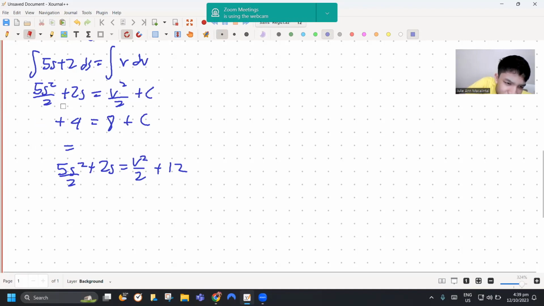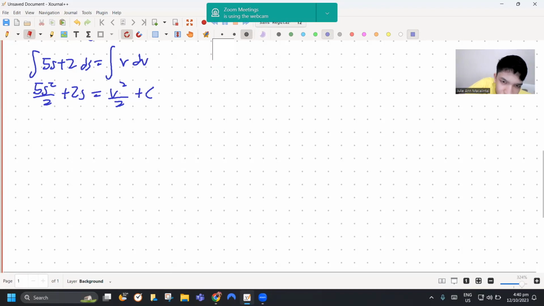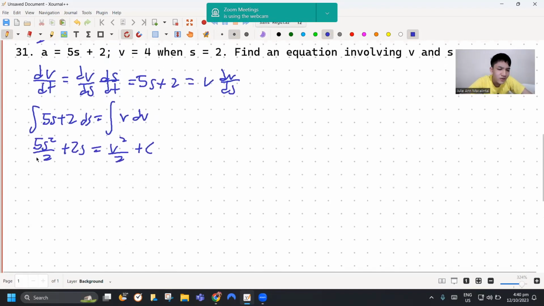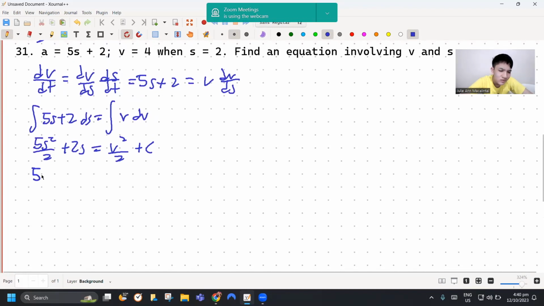Ang problem ay yung definition ng constant na ginagamit mo sa first equation, sa previous equation nagbago, which means kung ano yung constant na hanap mo, hindi na nag-a-apply dun sa previous equation. So, dito nga po, this is 5s squared. So ang dapat na mangyari, 5s square, kung mag-multiply ka ng 2, kasi nag-multiply ka ng 2, plus 4s equals v square plus 2c.